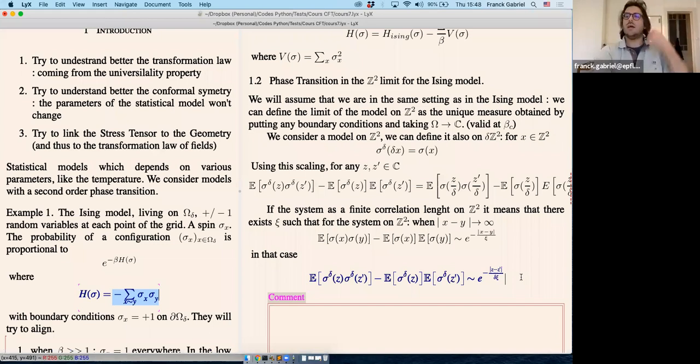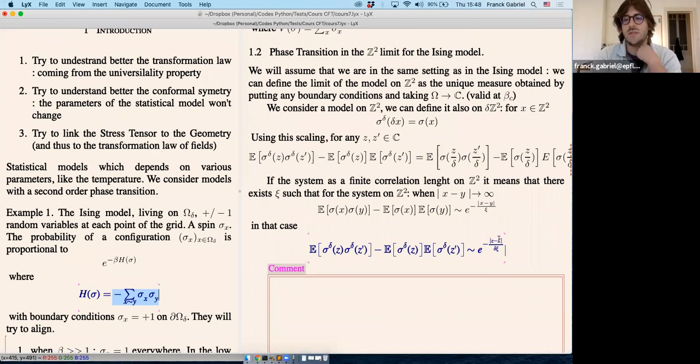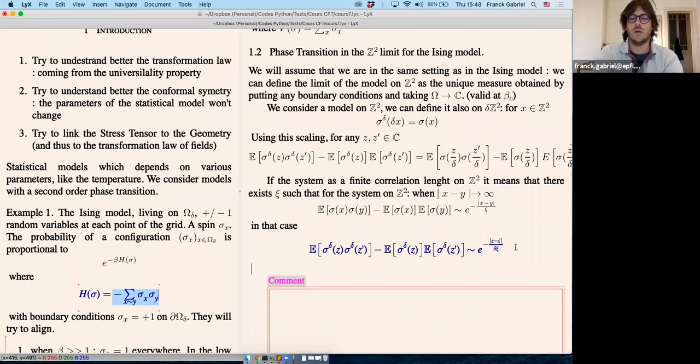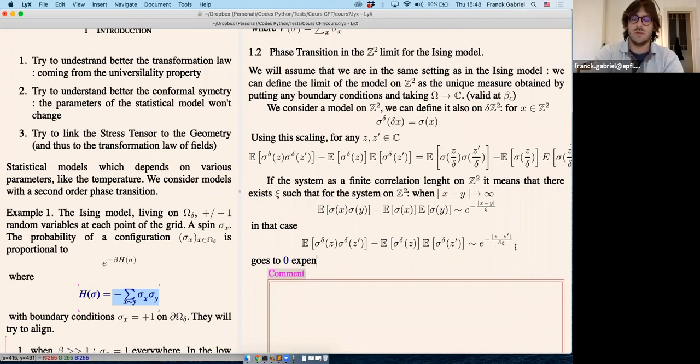So you see that when delta is going to 0, this is going to infinity, this is going to minus infinity, so this is going to 0, but exponentially quickly.